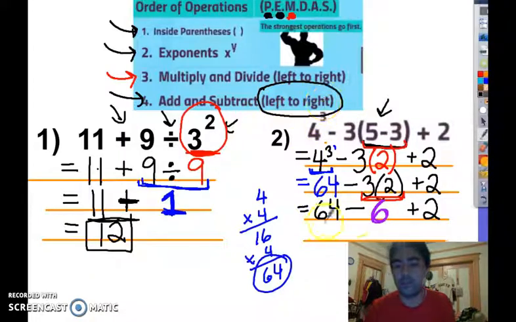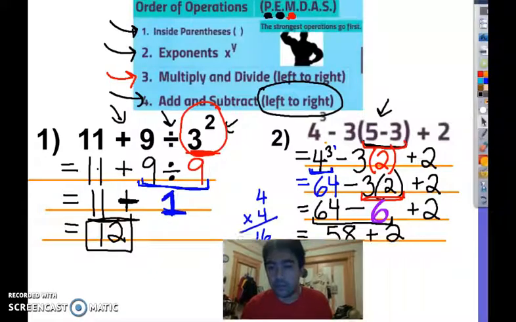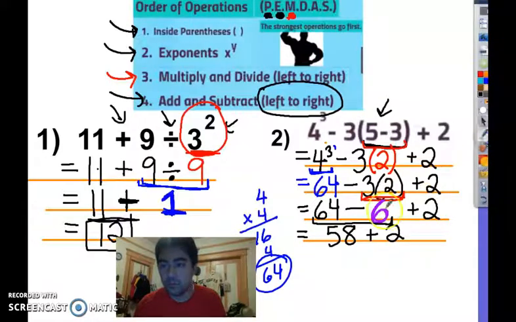So starting on my left, I have to do 64 minus 6. 64 minus 6 is 58. So I'm changing this 64 minus 6 to 58, and now I'm adding 2. And then finally, I can do that addition step. That's the very last thing I'm going to do. 58 plus 2 is just 60.